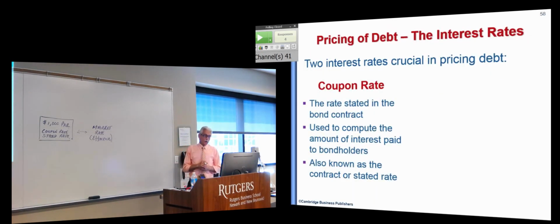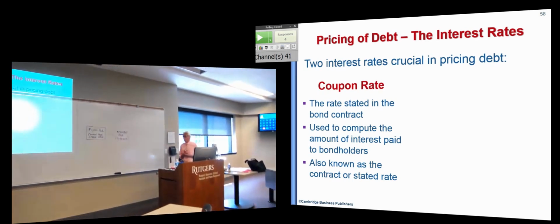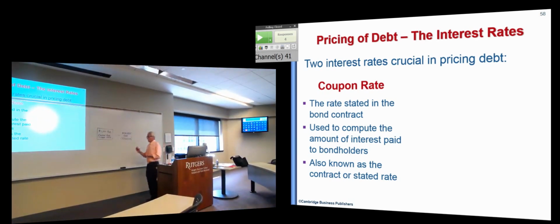So again, the coupon rate is stated in the bond contract. This is used to calculate the cash interest. So now we're going to start thinking about the calculator, so that this is used for the payment.